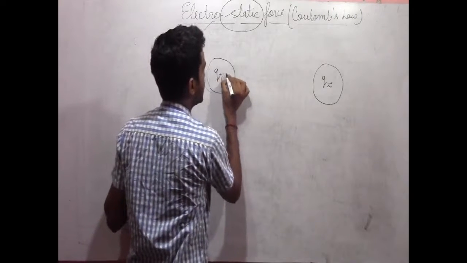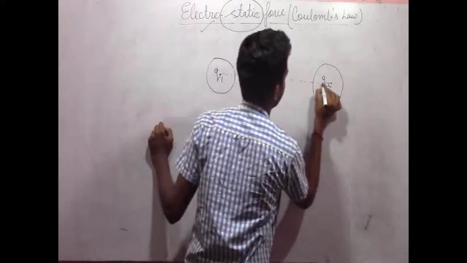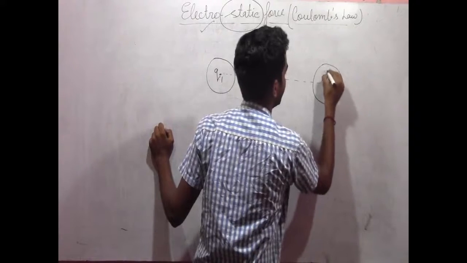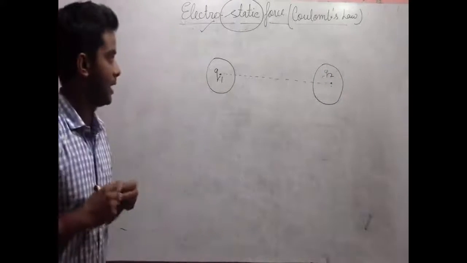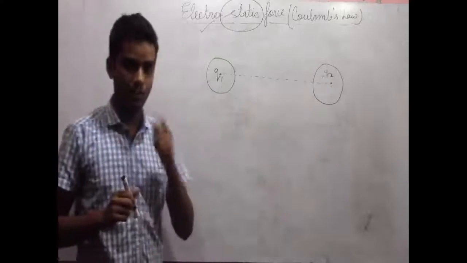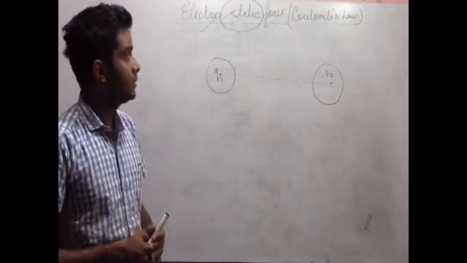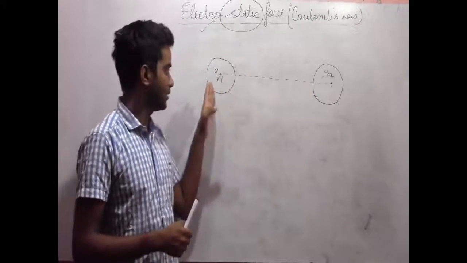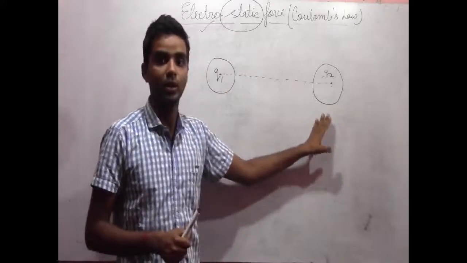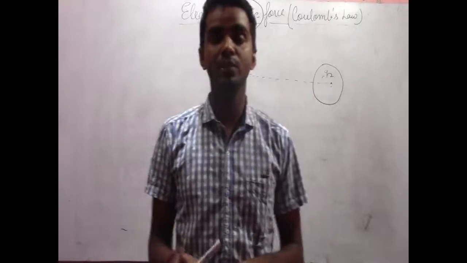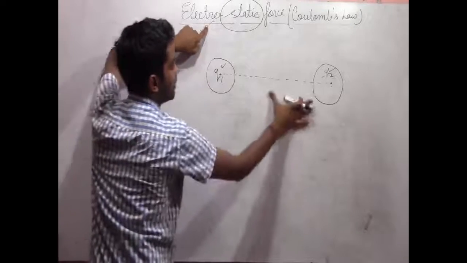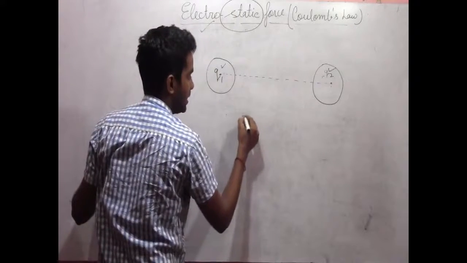I have joined charge Q1 and charge Q2. By experiment, Coulomb says that the force between charge Q1 and Q2 is directly proportional to the multiplication of the charge magnitudes.